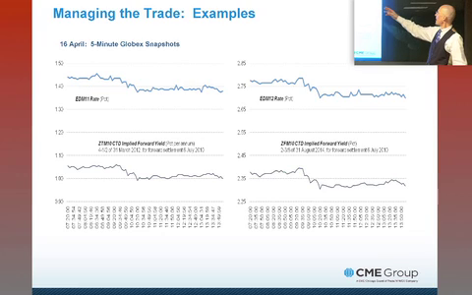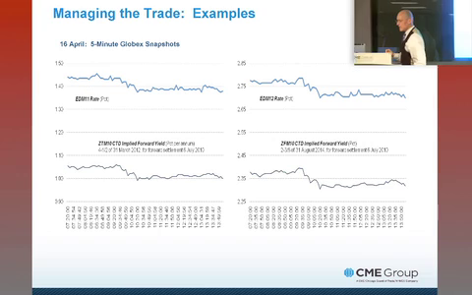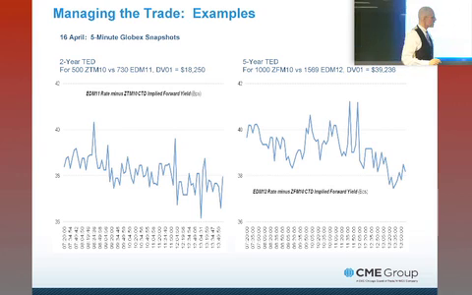And these are 5-minute snapshots from Globex for the June 11 Eurodollar, the June of 12 Eurodollar, and then for these implied forward yields computed as I just said. So that's an okay picture, but this is so much more fun.